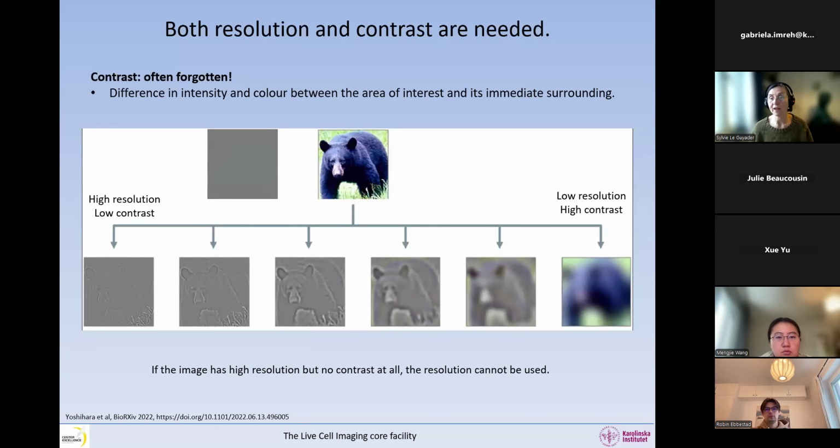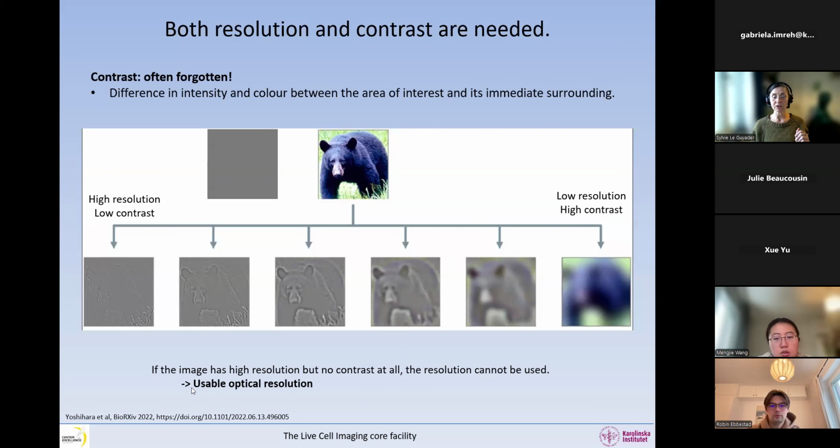Even if we have done our best with the sample, put our sample on the coverslip, and we match everything, and we use a fantastic objective, we get an excellent optical resolution. We get no artifacts due to the sample, but if we have no contrast, it's not possible to use them. So it's the concept of usable optical resolution, right?